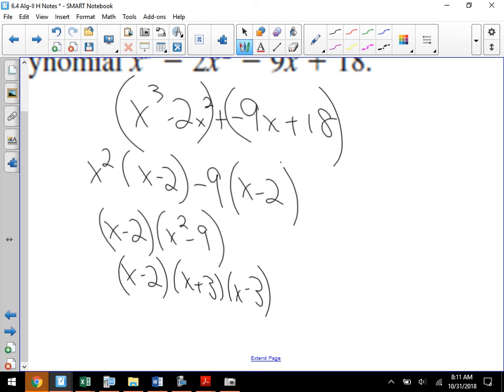Where are your zeros? 2, -3, and 3. Good. How many changes of direction can this have? 2. 4 terms. So an nth degree has n plus 1 possible terms, n minus 1 possible changes of direction, and n total zeros, whether they are real or imaginary.